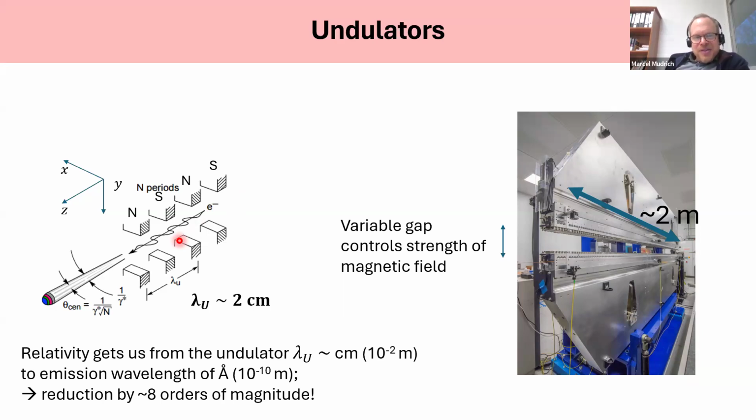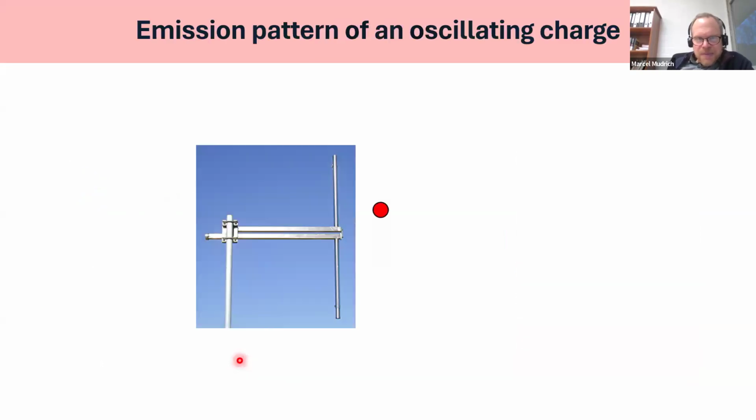This transformation from centimeter-like undulator period length into angstrom wavelengths is given by relativity, by the fact that these electrons move at nearly the speed of light, and then by the mysteries of special relativity, we get a wavelength reduction of 8 orders of magnitude. And we will see how this works in just a minute.